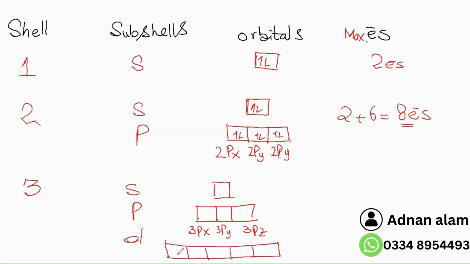Okay, so the names of these d orbitals are not required in AS. Inshallah, you will come to know about the names of d orbitals in A2. So now in total, 2 electrons here, 6 electrons here, and 10 electrons in the d subshell. So total it makes 2, 6, and 10. Total electrons that can be placed in the third shell are 18. So maximum electrons in the third shell will be 18.